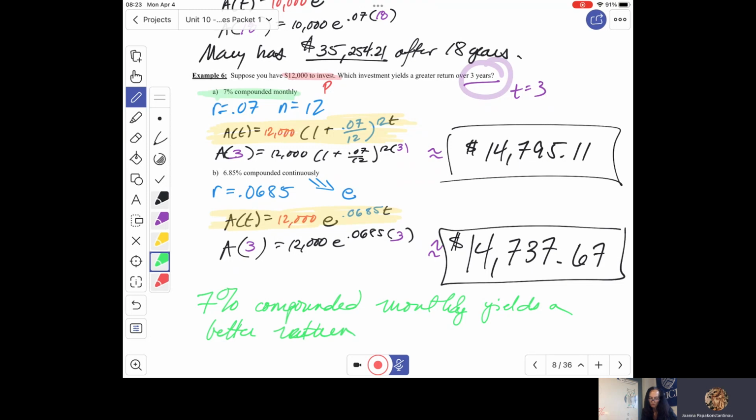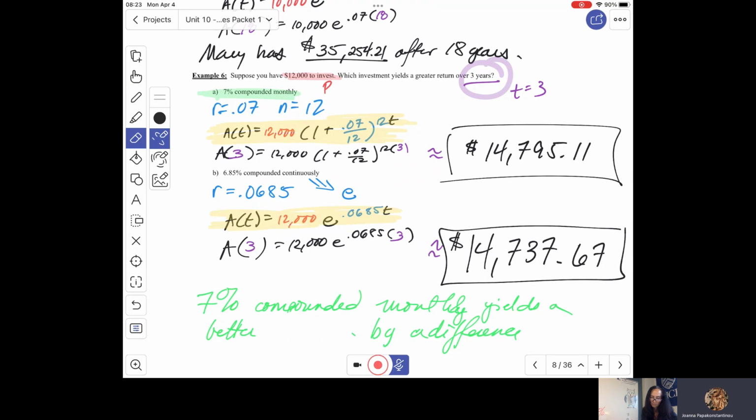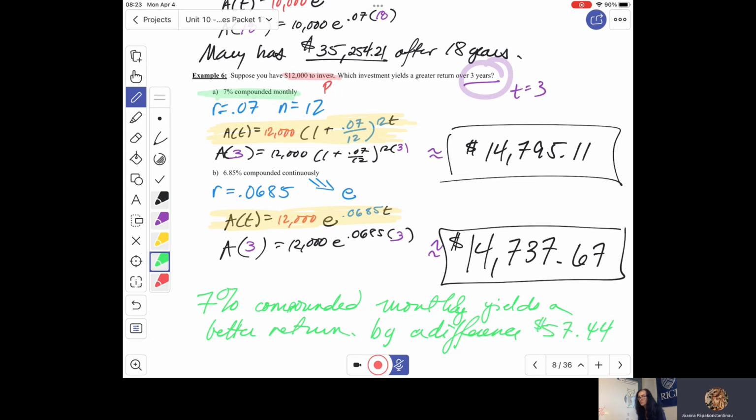And by how much? By a difference of what? How much more would you make? $57.44. Oh my goodness gracious. I can think of a lot to buy with that. A couple of math erasers, rulers, Tinker's calculator.